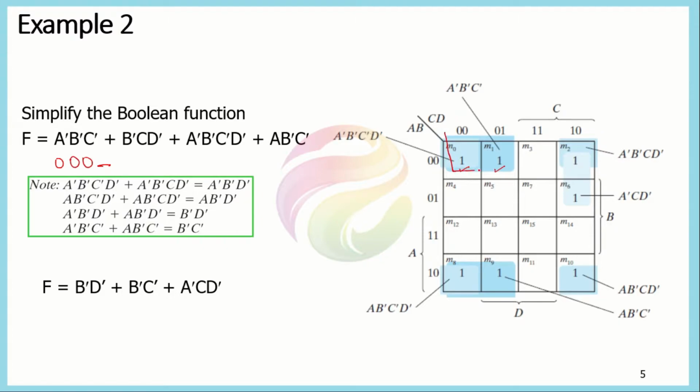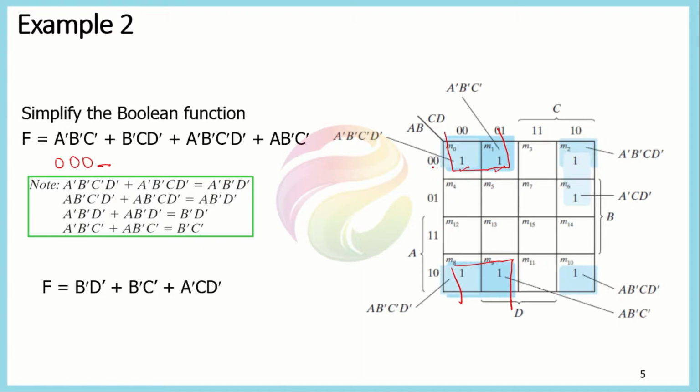Say if you look at this one and this expression, then both of them combine to form a two-literal term. And what term that will be, we can easily see: the variable which is changing, we will ignore.